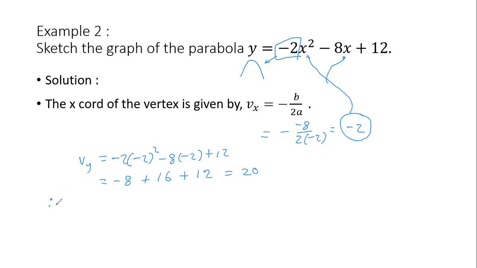Therefore, the vertex is given by x-coordinate negative 2, comma 20.